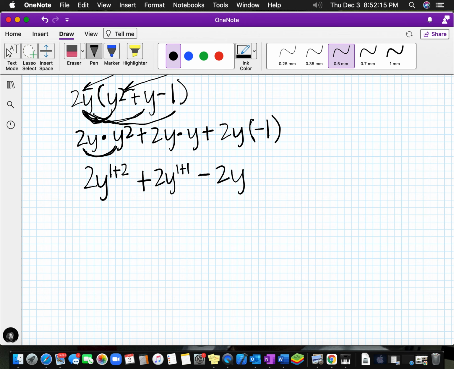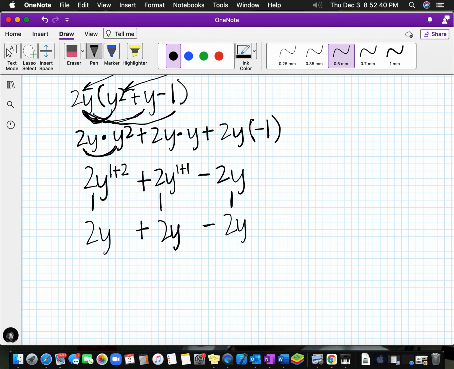Now this is the last step. We can bring these two y's down because we're really not going to do anything with them, along with the addition and subtraction signs. Right now we're just going to add the exponents together.